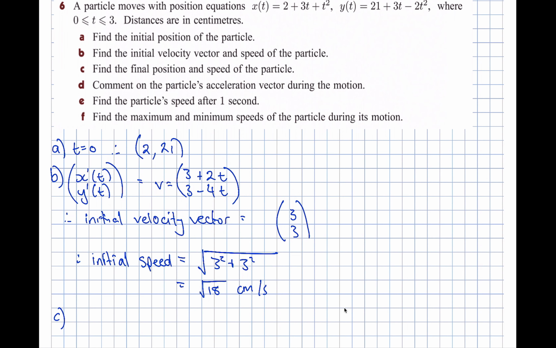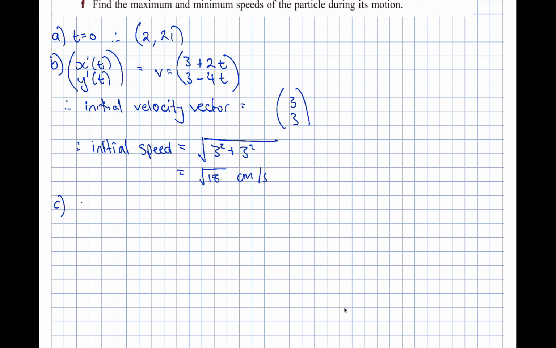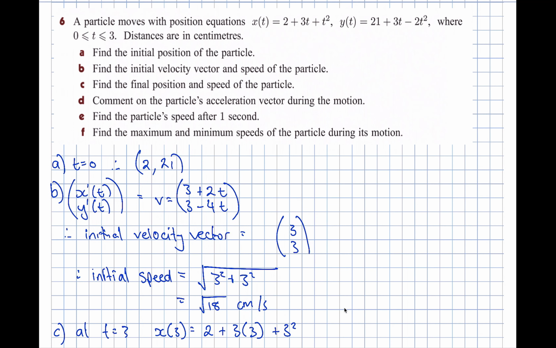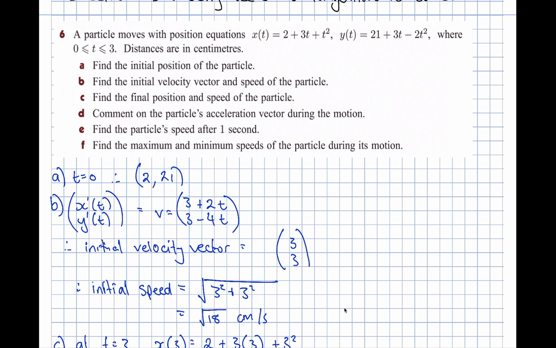So if we want the final position, we just want it at t equals 3. So the x position at 3 is going to be 2. I've got this written down so I don't have to see it on the screen, but obviously we would need to use those equations and plug it in.